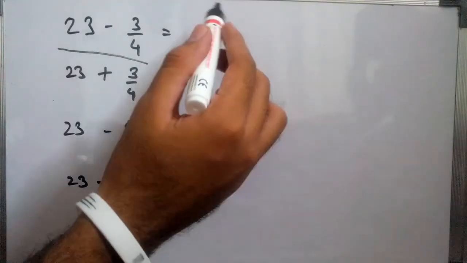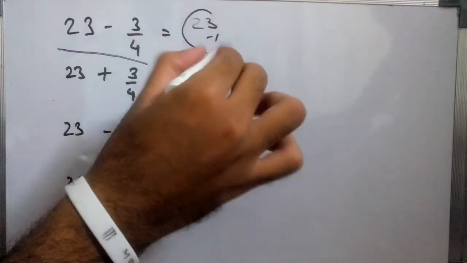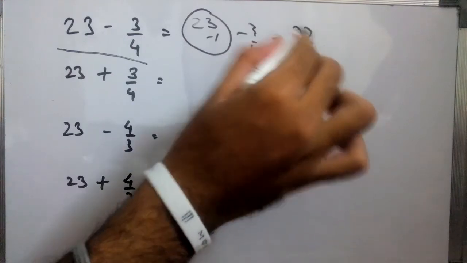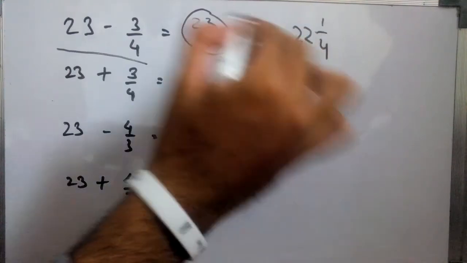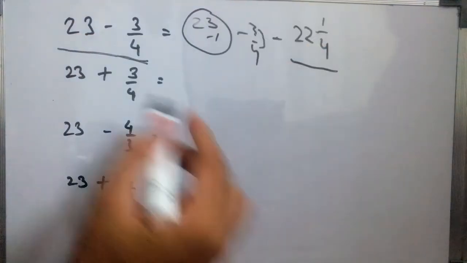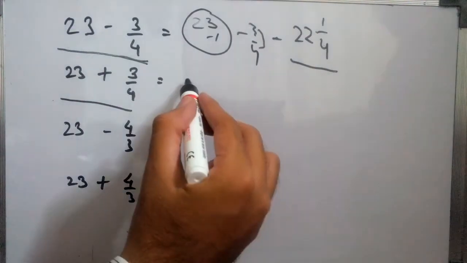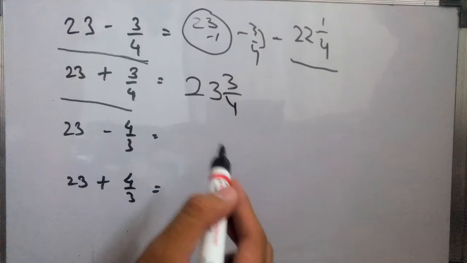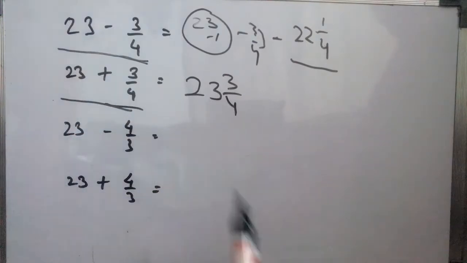The trick is 23 minus 1 minus 3 by 4 equals 22, and 4 minus 3 is 1 upon 4. The answer is very simple: 22 whole 1 by 4. Now 23 plus 3 by 4. Doing it simply, the answer is 23 whole 3 by 4. In additions, we usually get this as the answer as per the question.